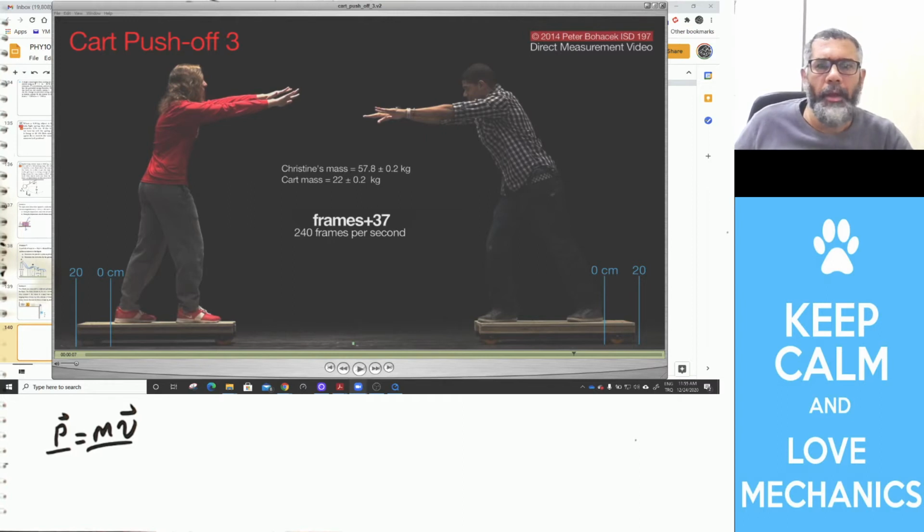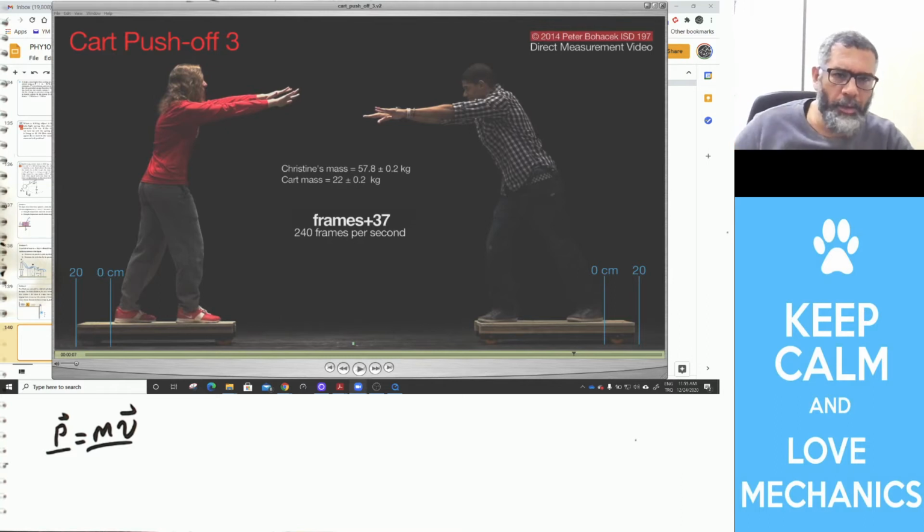Okay. If you have a system, what is a system? A system may consist of more than one particle. As I solved many problems about this, you have two masses, and let's see these two masses as one system.